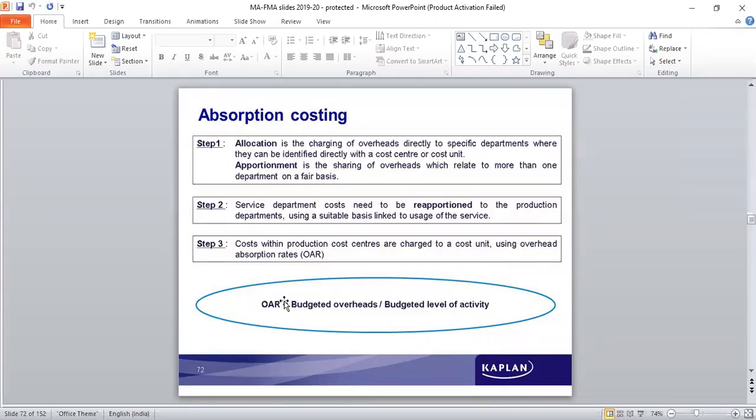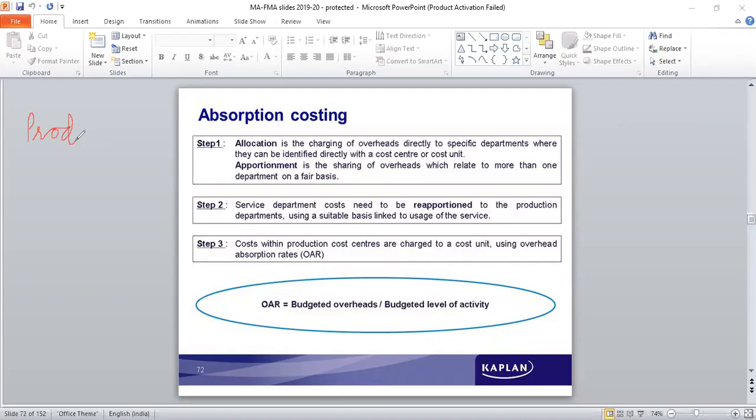Step number 2. It says that there are service department costs and production. In the direct labor chapter, we learned that those people who are involved in producing the product, the wages which are paid, we call direct labor.